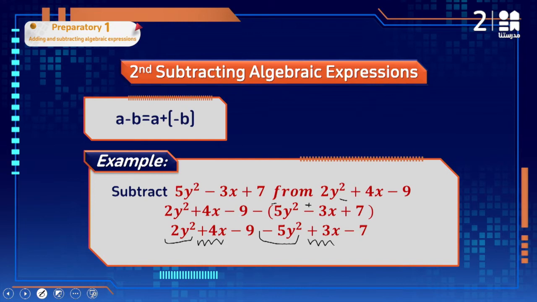So here 4x plus 3x is 7x. Then the last one, negative 9 and negative 7, which have the same signs, so keep the same sign and add: negative 16. That is the answer, negative 3y squared plus 7x minus 16.